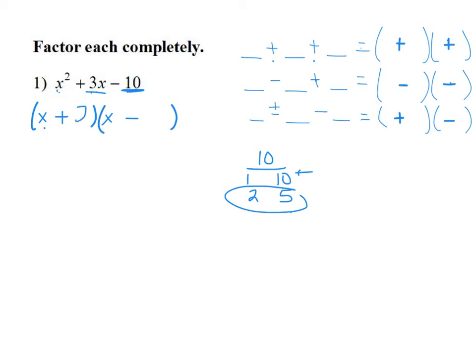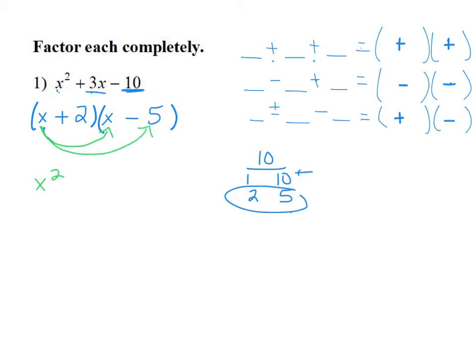So I'm just going to guess now. And I'm going to put 2 first and then 5. And the part that people sometimes forget is that you need to check. That's part of the guess and check. So we're going to check that by FOILing. So if we do x times x, we get x squared.